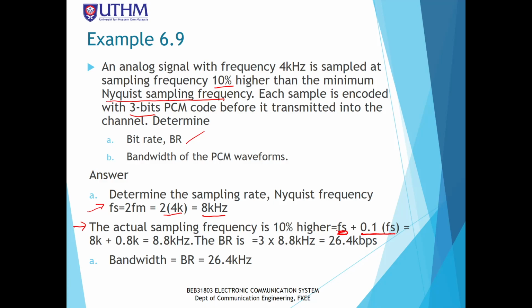So that means the minimum sampling frequency plus 10% of the minimum. So the sampling frequency would be 8 kilo, the minimum sampling rate, plus 10%. So that means we are sampling at 8.8 kilohertz.